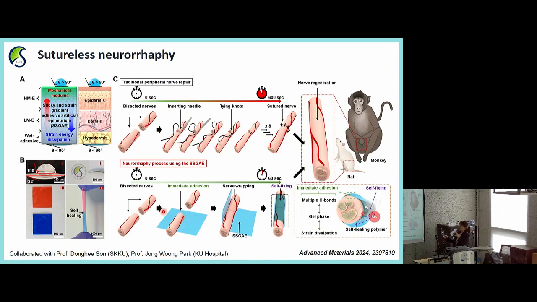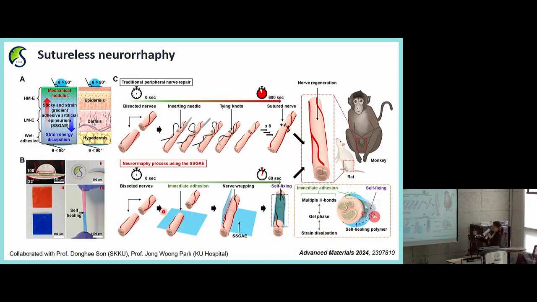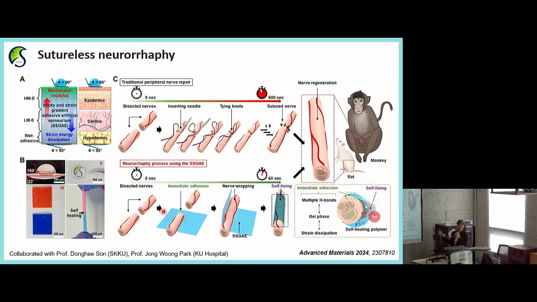What is the difference between sutures and the sticky patch? You can see here the suturing is very complicated. For a single nerve connection, it will take almost 600 seconds, 13 minutes for one nerve. But if we use this sticky patch, it is only 1 minute.